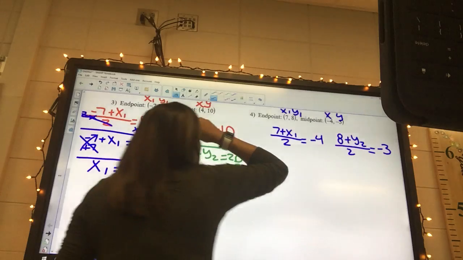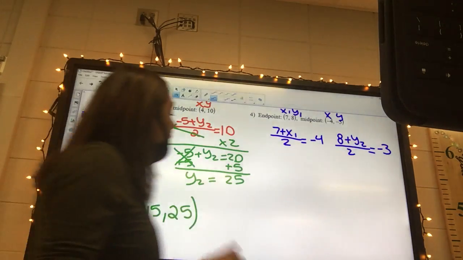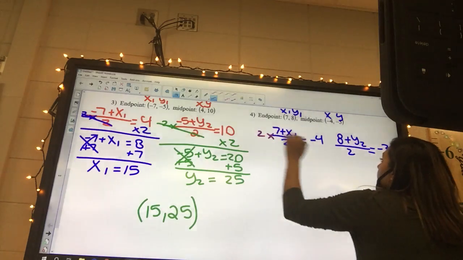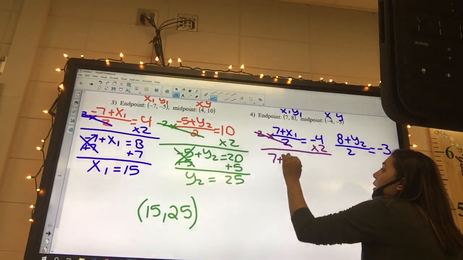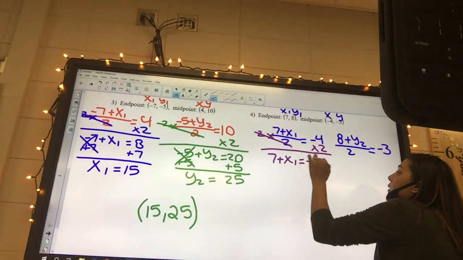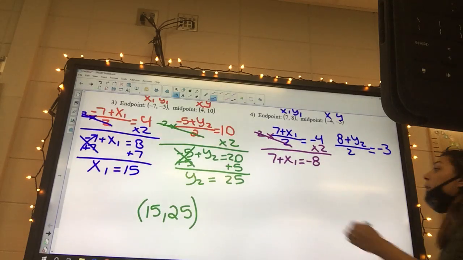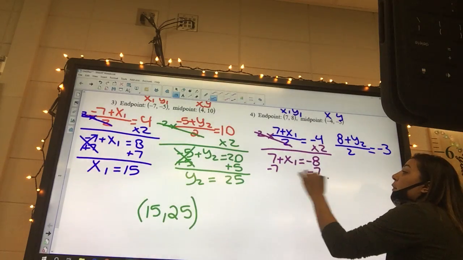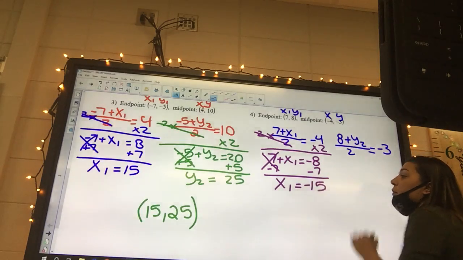Okay, then what do we need to do? Multiply both sides by that 2 to get rid of that 2 on the bottom. If you do it to one side, you gotta do it to the other side. So 7 plus x1 equals negative 8. And then my last step is to do what? Subtract 7. So I got x sub 1 equals negative 15.